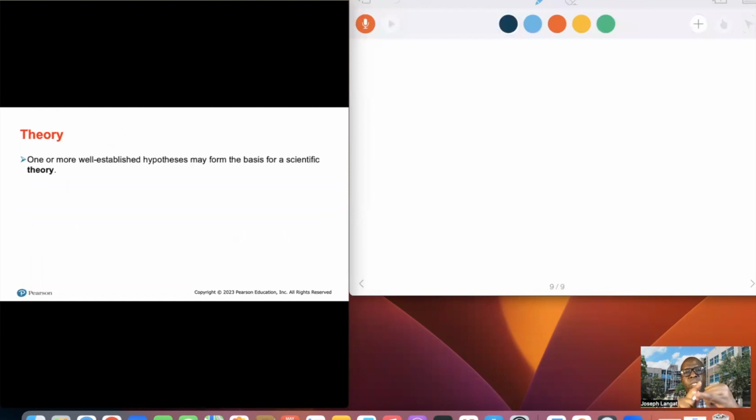Now, theory. Remember, when we go back to the experiment, you should know what experiments, hypotheses, and scientific laws are, and now theory is one of the well-established ones. Hypotheses may also form the basis for a scientific theory. A scientific theory summarizes known observations, and it can also predict. A scientific theory is a model, such as Dalton's atomic theory.